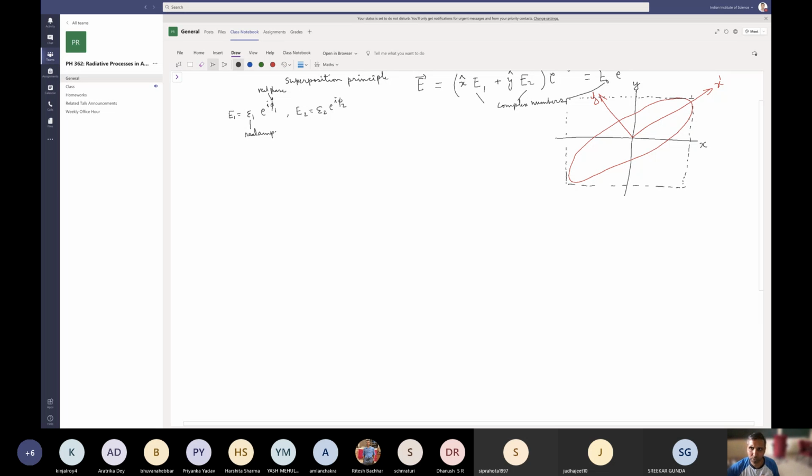Okay. So now this is epsilon 1, right? This is the amplitude, the maximum value of Ex is epsilon 1. Similarly, this is epsilon 2. The maximum value of Ey at any time is epsilon 2.